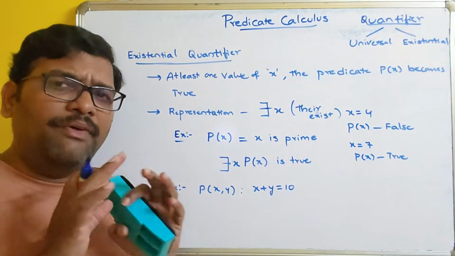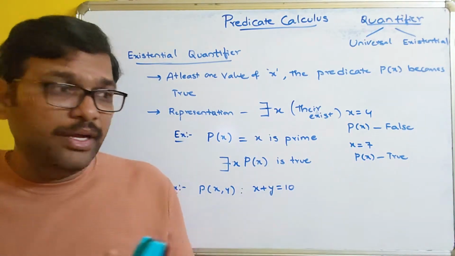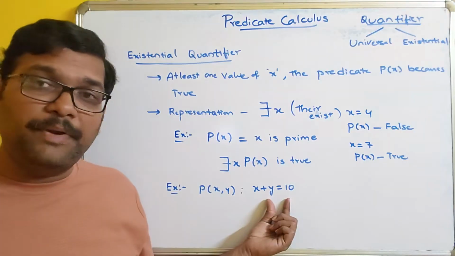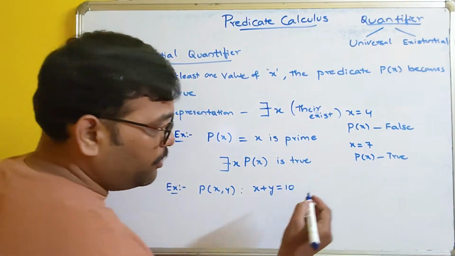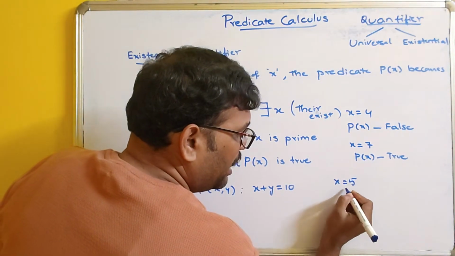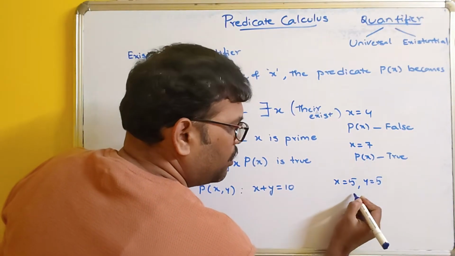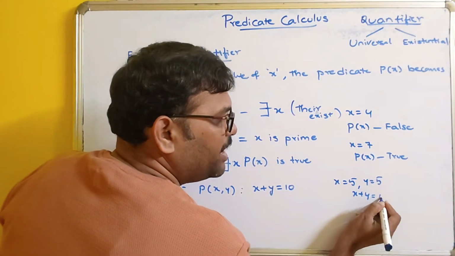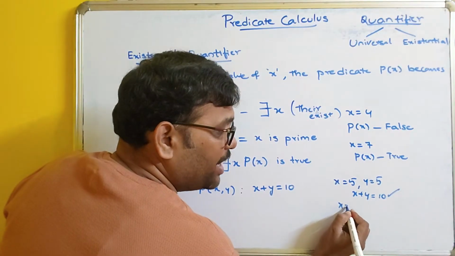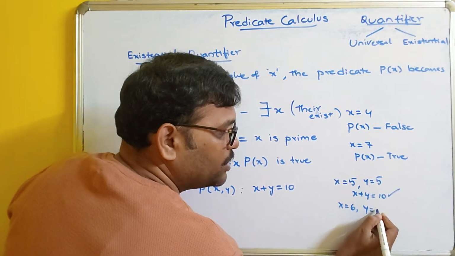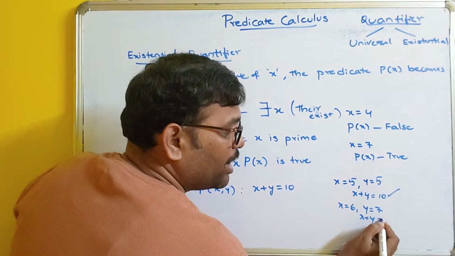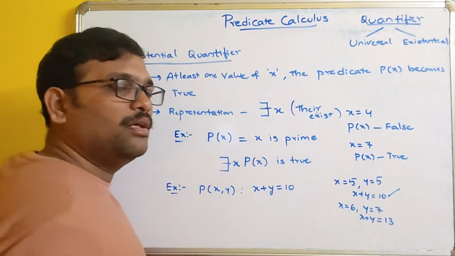So for any value of x and any value of y, will this particular predicate become true? For example, you can take x is equal to 5 and y is equal to 5, then obviously x plus y will be 10. Yes, but if x is equal to 6 and y is equal to 7, x plus y becomes 13.